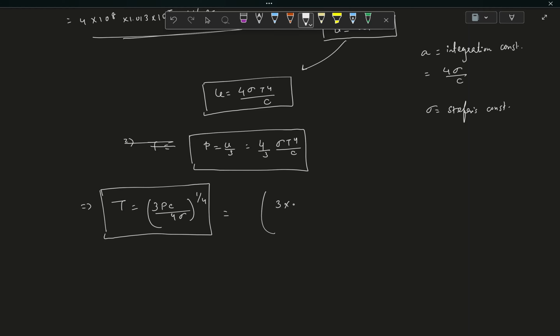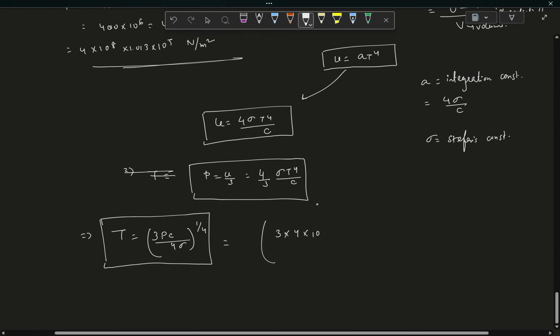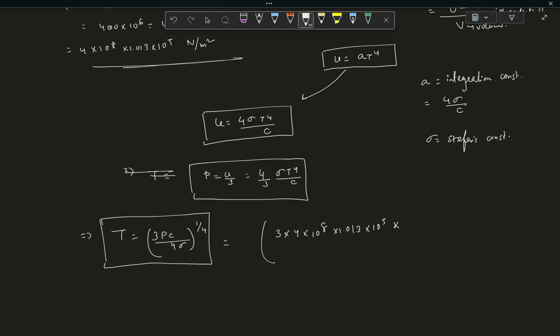Like P value, we just saw that this is 4 into 10 to the power 8 into SI unit conversion, 1.013 into 10 to the power of 5. C is the speed of light in vacuum in SI unit, so it will be 3 into 10 to the power of 8 meter per second.